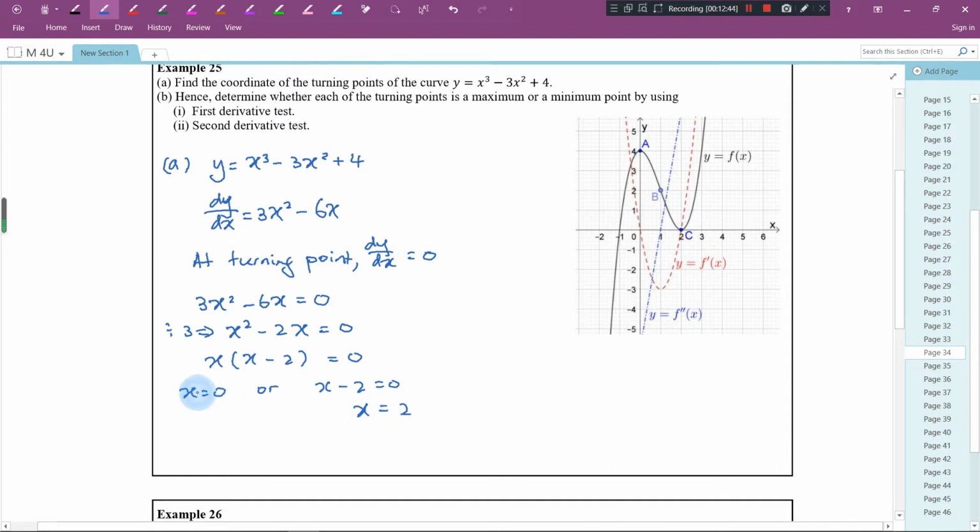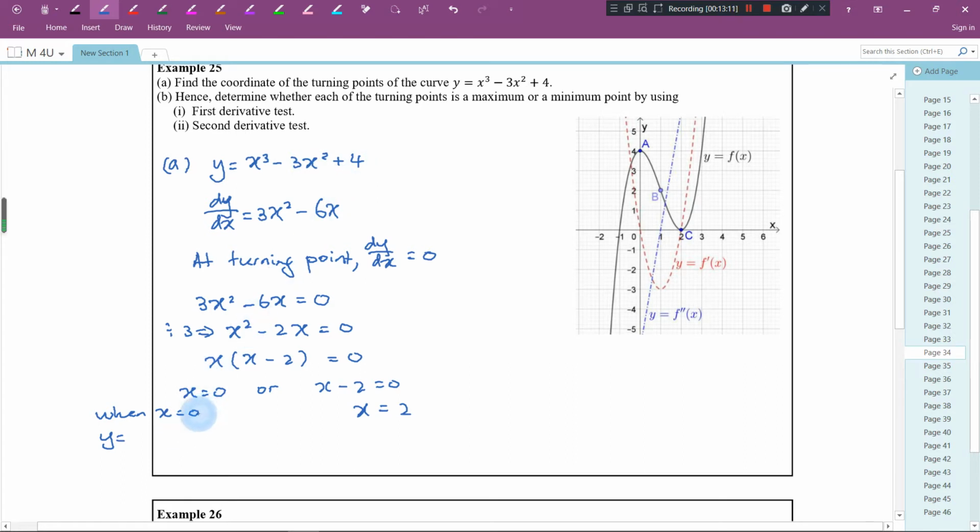So how do we find y coordinates? We need to substitute this value into this function to help us get the y coordinate. When x is equal to 0, y is equal to 0 cubed minus 3 times 0 squared plus 4.